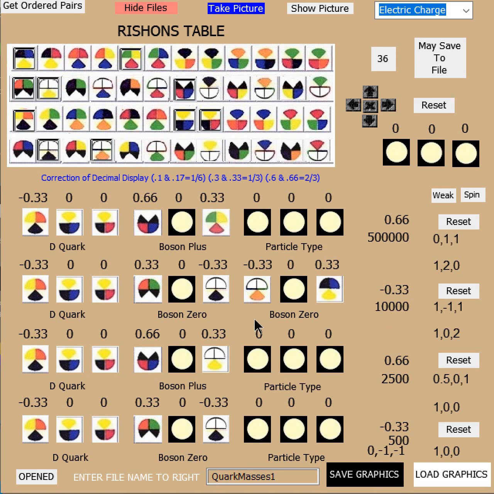Now, if we go over to this boson 0, where we have a prime entity and a generic T, again, we first look here, and we will see that we have S equals 1 and T equals -1, and so we end up with a 1 as the combinatorial value of the prime rishon.